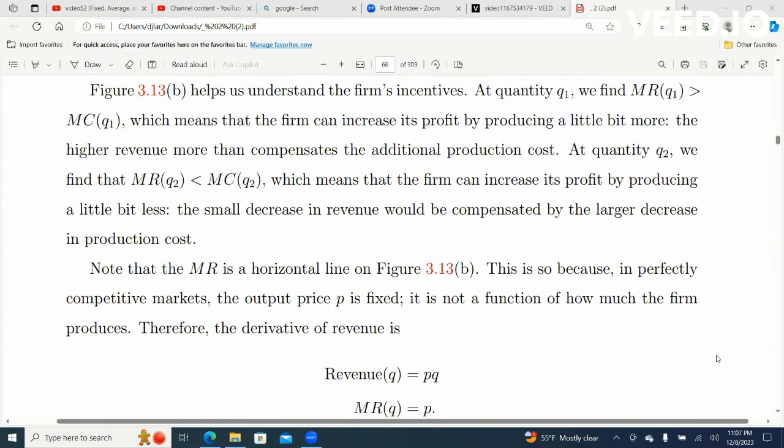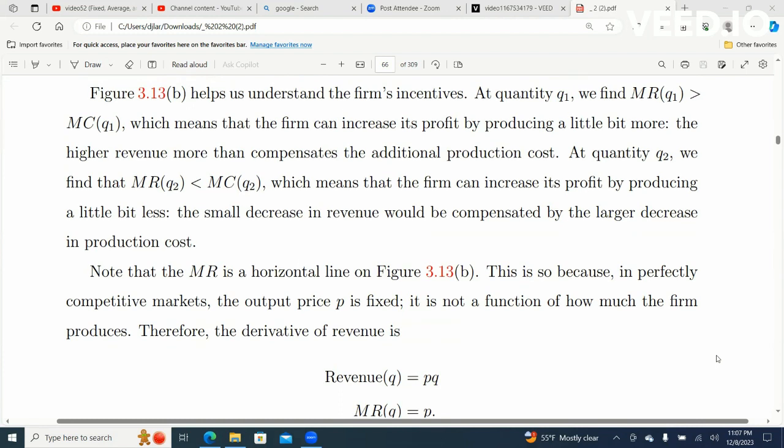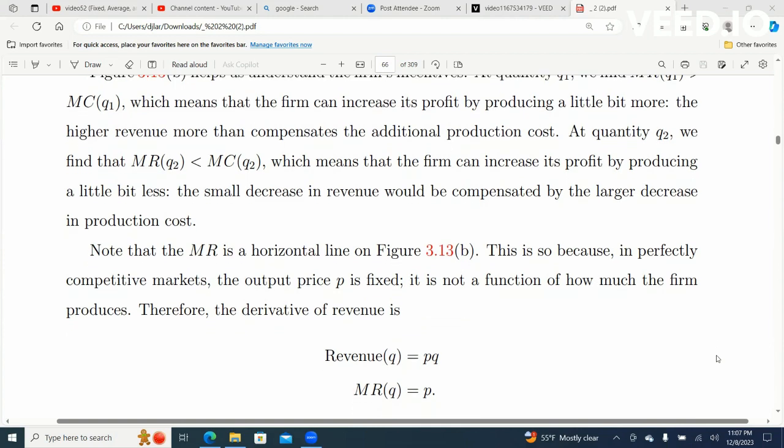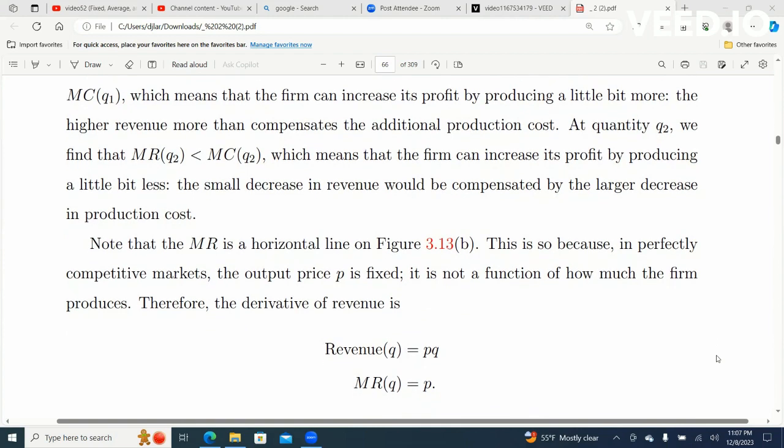At quantity Q1, we find the marginal revenue of Q1 is greater than the marginal cost of Q1, which means that the firm can increase its profit by producing a little bit more.